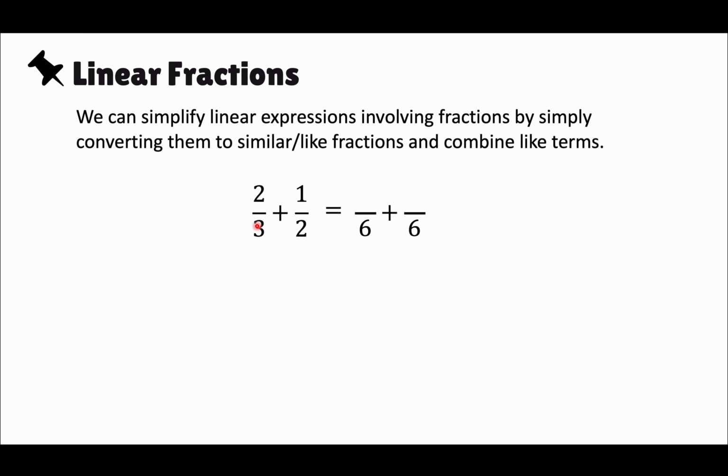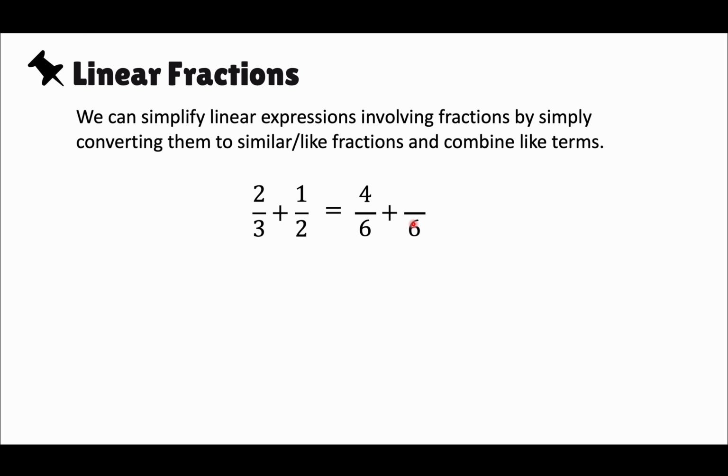Now, if I convert the denominator to 6, I need to multiply the numerator by the same multiplier. For example, 3 times 2 becomes 6, so I also need to multiply the numerator by 2. Basically, 6 divided by 3 is 2, and then multiply the numerator by 2, so you have 4.